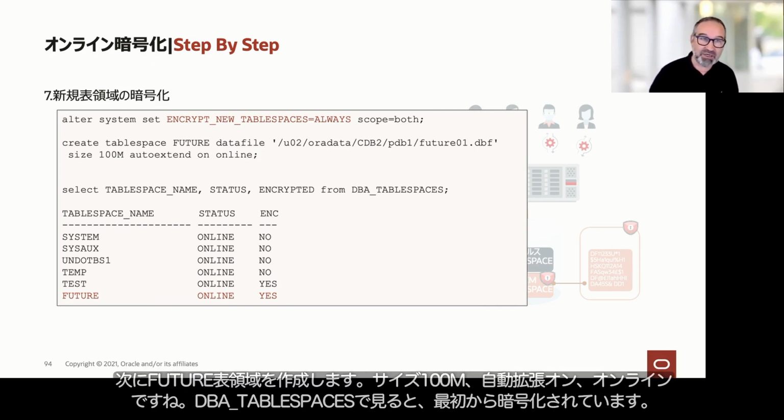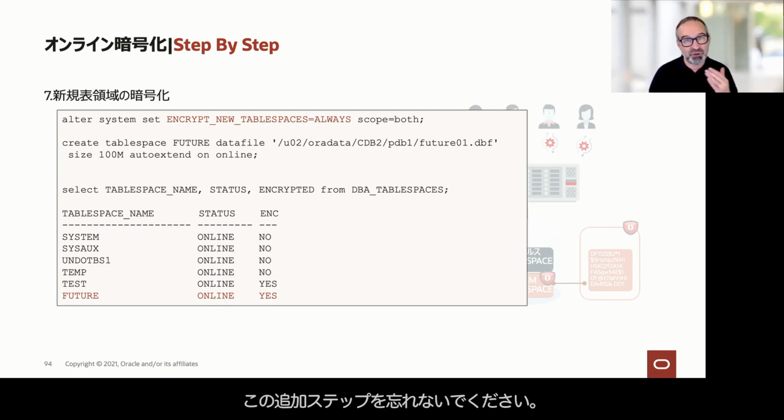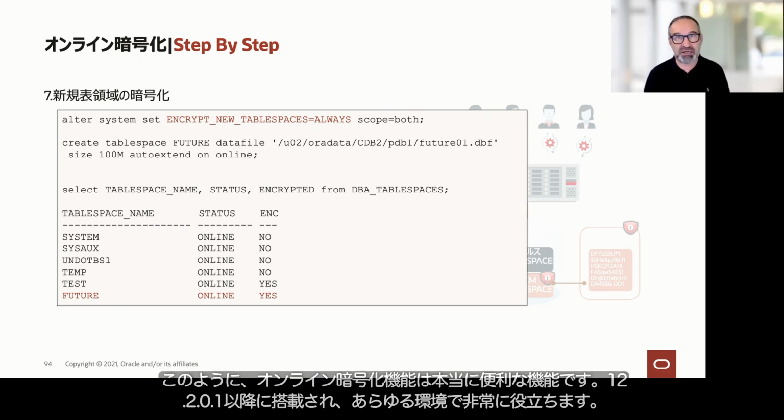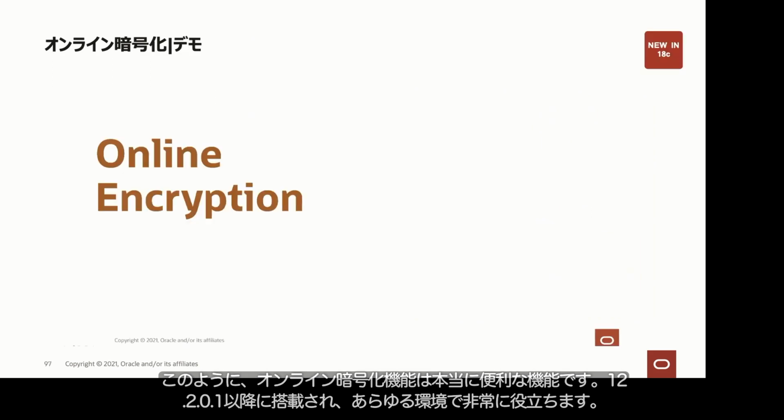And now I create my tablespace future here, size 100M autoextend online, and you see it in the DBA_TABLESPACES. It will be encrypted right from the start. So don't forget this extra step. This is a really useful feature, online encryption, there since 12.2.0.1, and extremely helpful in all environments.